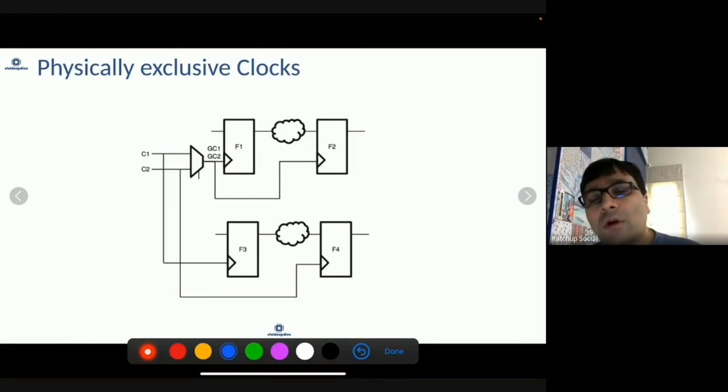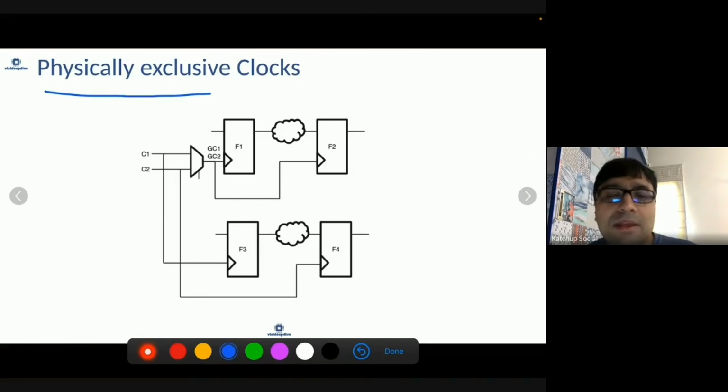There is another set of clocks known as physically exclusive, which means those clocks cannot be present together in the design. So let's say you have this mux, and here two clocks are created, GC1 and GC2, two generated clocks.